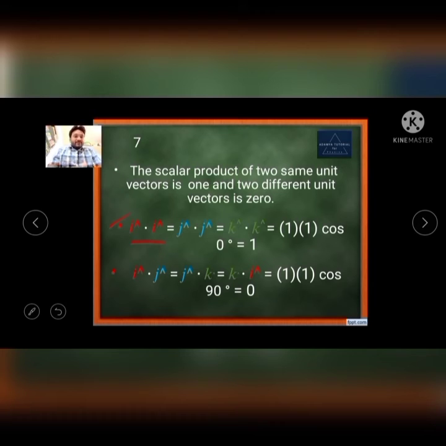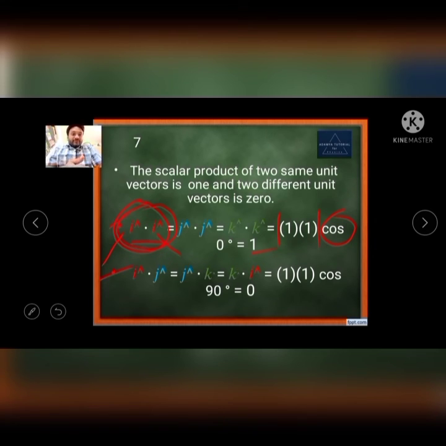We know that the dot product between any two given vectors is the product of the magnitudes of both the vectors and cos of the angle. Here the magnitude of a unit vector is 1, here also 1, so 1 into 1, and the angle between both the vectors is 0, because I cap represents the x-axis, and in I dot I both represent the I-axis itself. That is why the angle is 0 between I cap and I cap, and so the scalar product of two same unit vectors is always 1.